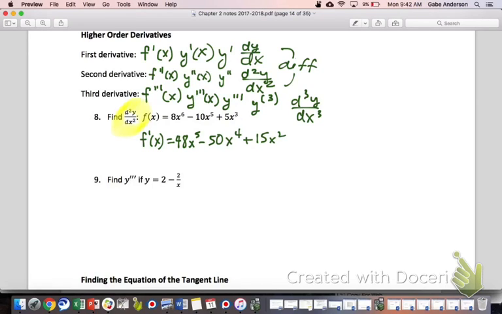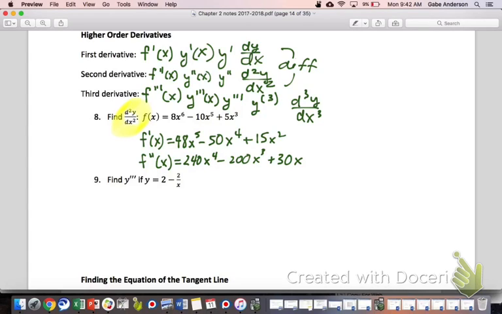All right, very good. Riley, how about the second derivative? I know the numbers get a little bit bigger. Can you handle it? 240x to the 4th minus 200x to the 3rd plus 30x. Perfect. And you got all the arithmetic right.